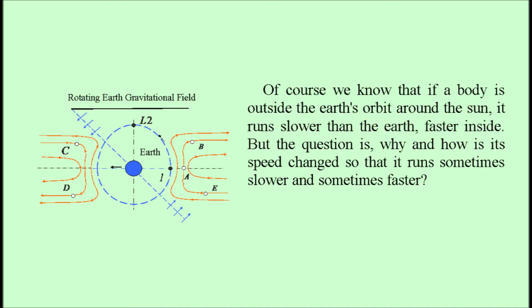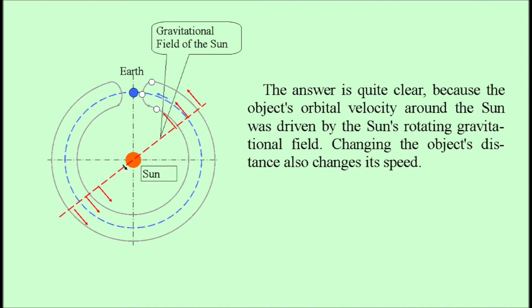Of course we know that if a body is outside the Earth's orbit around the Sun, it runs slower than the Earth, and faster inside. But the question is, why and how is its speed changed so that it runs sometimes slower and sometimes faster? The answer is quite clear, because the object's orbital velocity around the Sun was driven by the Sun's rotating gravitational field.